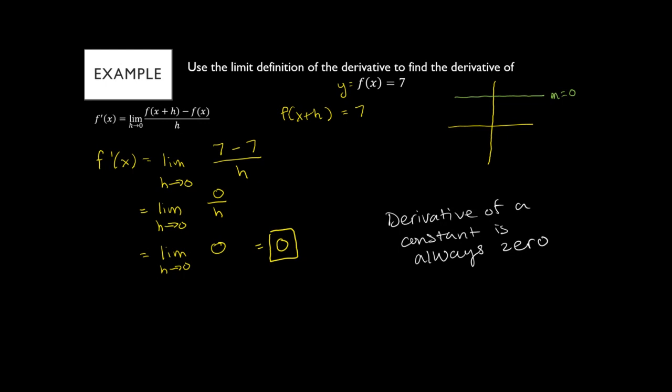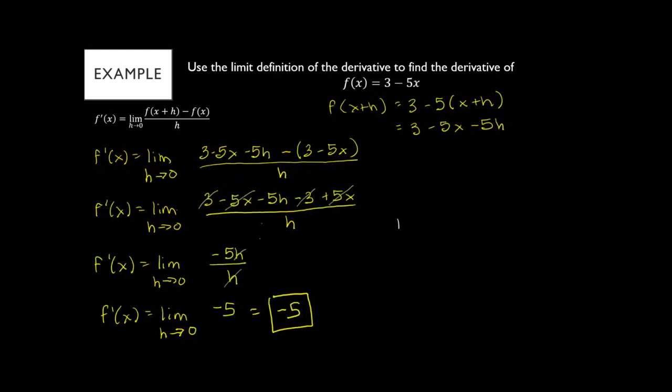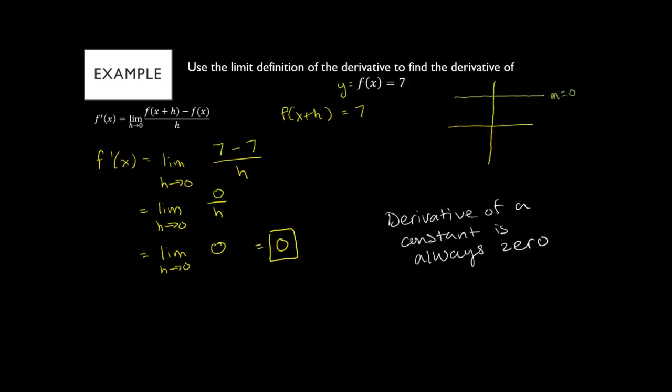That's what this means, how much is it changing? It's not changing. If I go back to my other one here, I could say the derivative of a line is the slope. So these are two shortcuts, basically. If you're finding derivatives of a line or a constant, you don't have to go through this process because you can just figure it out based off of, is it a line? Okay, so slope. Is it constant? It's going to be 0.